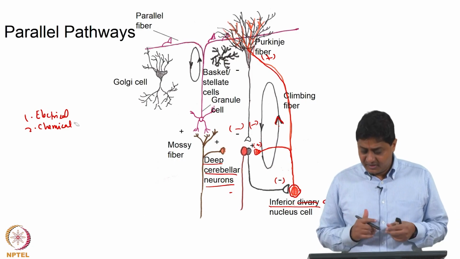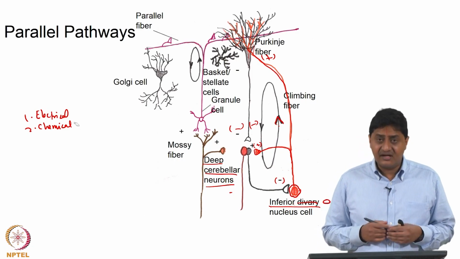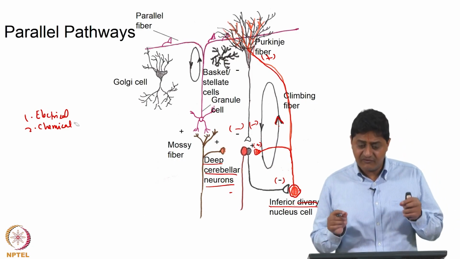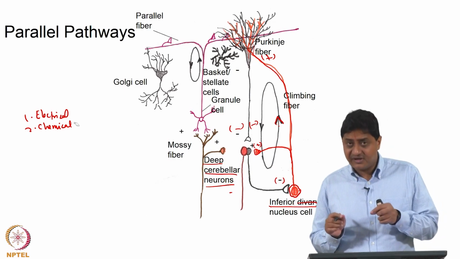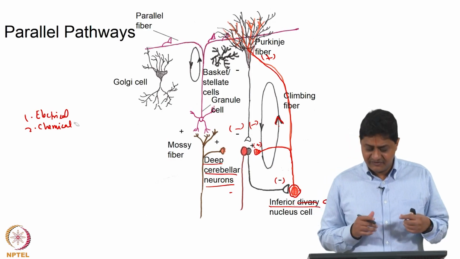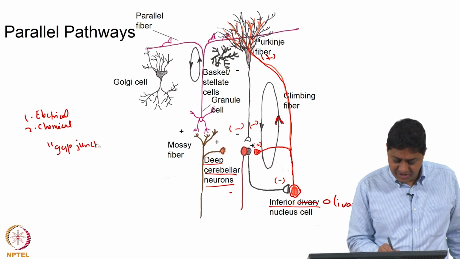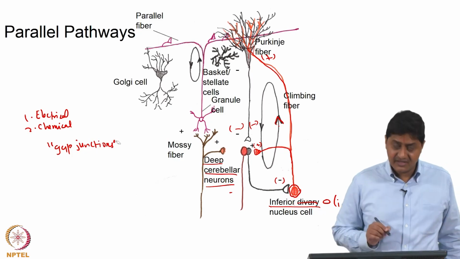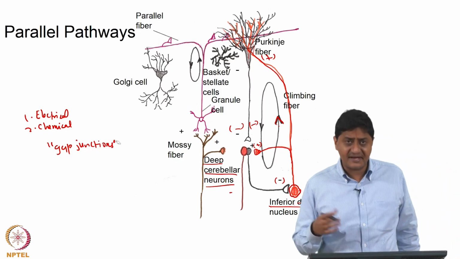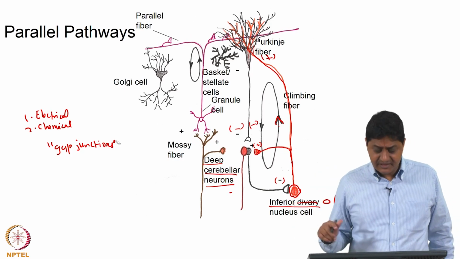That kind of phenomenon happens in the inferior olive, where cells in the inferior olive communicate with other cells in the inferior olive through what are called gap junctions. Very special. These are also found in cardiac cells, for example, but that is outside our discussion.